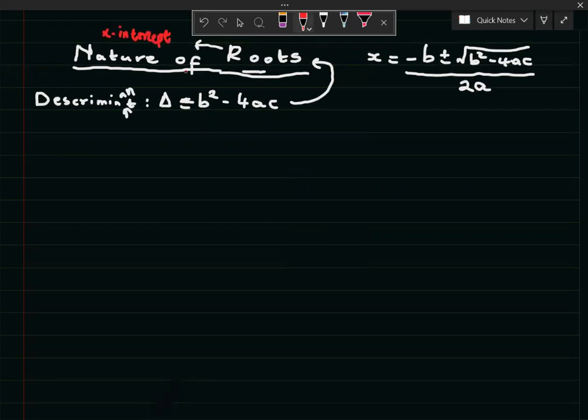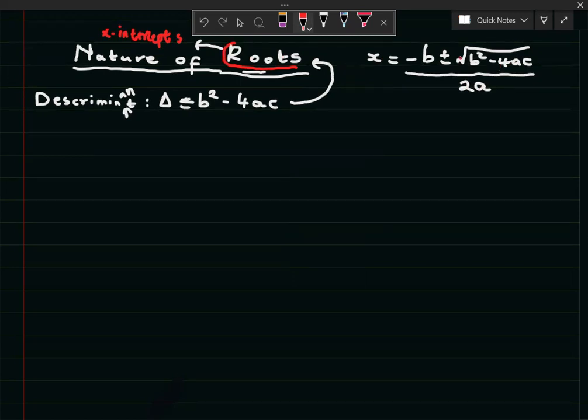So roots basically refers to the x-intercepts. And remember, when we do the x-intercepts, we use the quadratic formula.